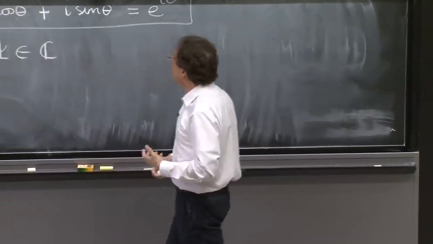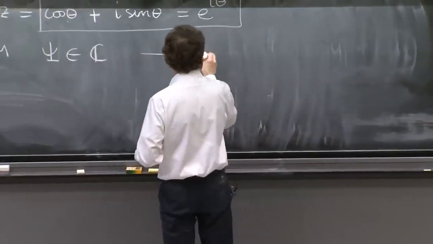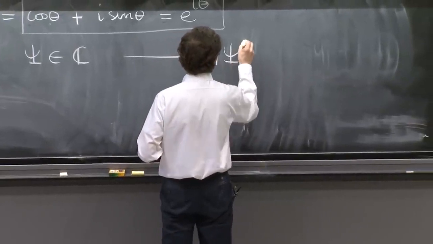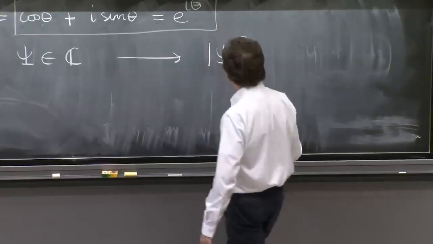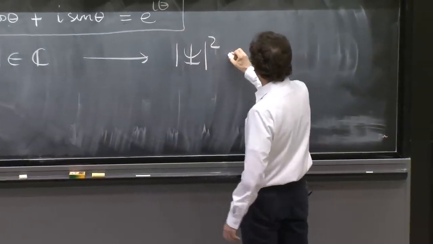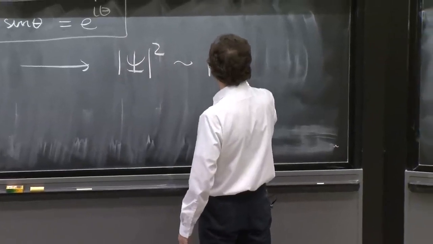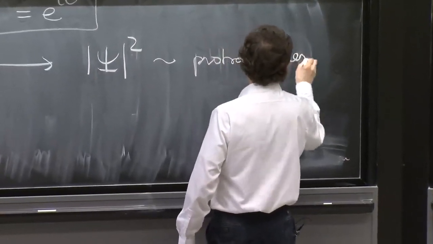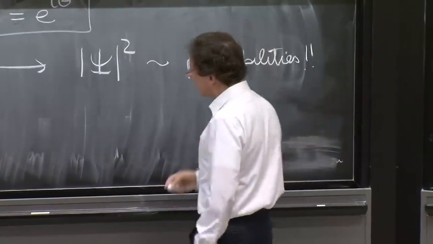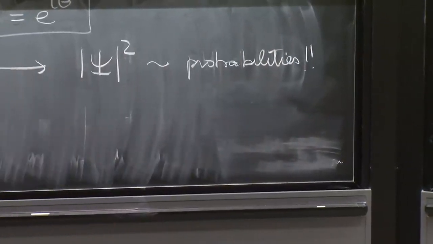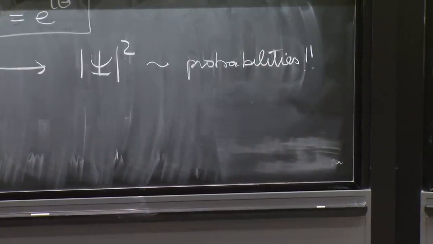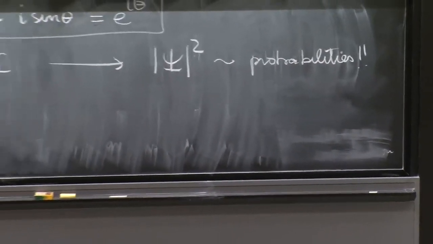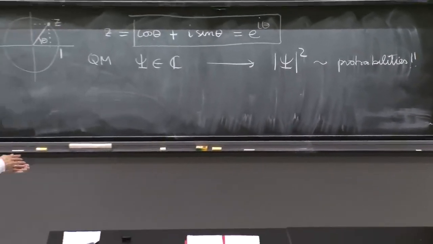And Max Born had the idea that you have to calculate the real number called the norm of this squared, and this is proportional to probabilities. So that was a great discovery and had a lot to do with the development of quantum mechanics.